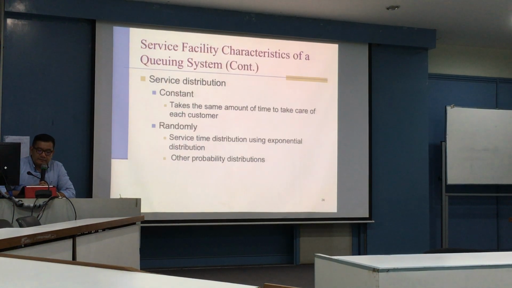And once again, if you talk about the pattern of the service, we have a constant pattern and a random pattern. Constant pattern happens a lot in the case of a fixed cycle system or an automatic system, where every time the machine or equipment provides a service, it takes equal time.